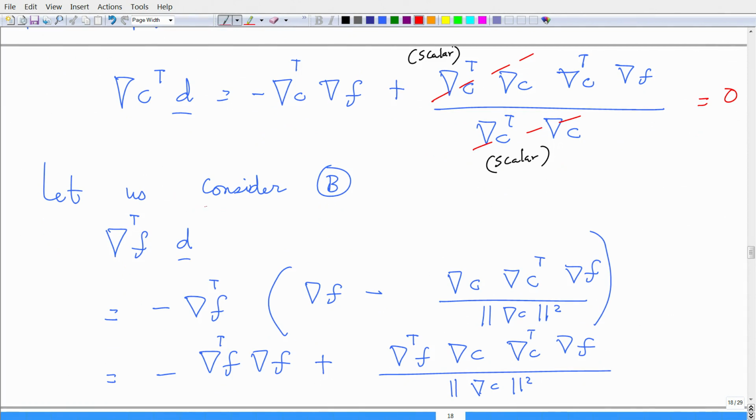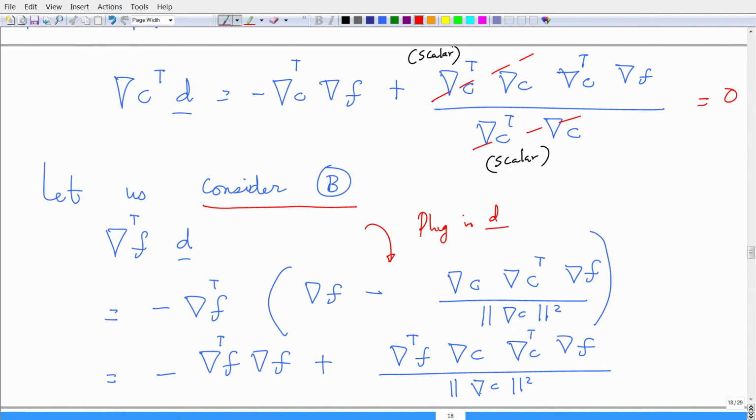Now, let us consider the inequality which is B, which is del F transposed D, what I need to compute. So, I plug in D here, given by del F minus del C times del C transpose del F upon norm del C square.